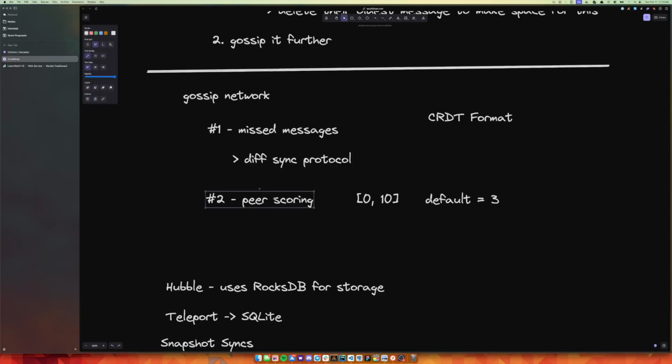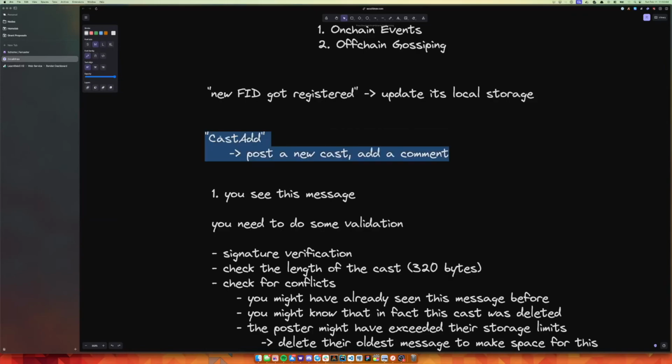Handling these two cases, asking a hub to start a diff sync with you, or doing scoring, checking, connecting and disconnecting, these are also messages on the libp2p layer. They're not messages like on Farcaster. Adding a cast or deleting a cast is a very Farcaster-specific thing, things you see on the apps that you use.